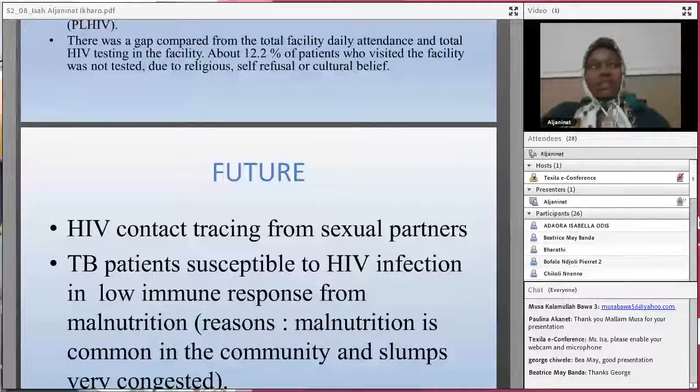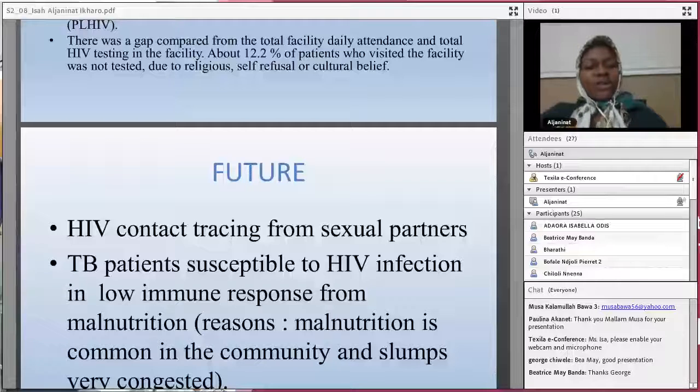So this data was used to showcase in the meeting. It was a social behavioral approach that was used to show the stakeholders, the community heads, and the service chiefs in the community the reason why HIV testing is important. It also showed the risk factors which led to most of the communities having this infection.